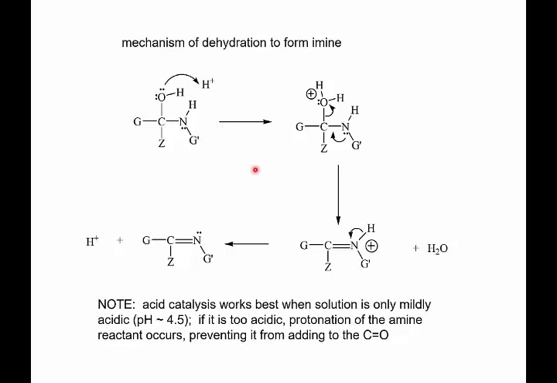So what we have to do is to use an acid buffer. Chemists have found that an acid buffer of a pH around 4.5 is ideal. That gives you a high enough concentration of H+ to catalyze the reaction, but not so much acid that it's going to protonate the amine and stop it from further reaction.